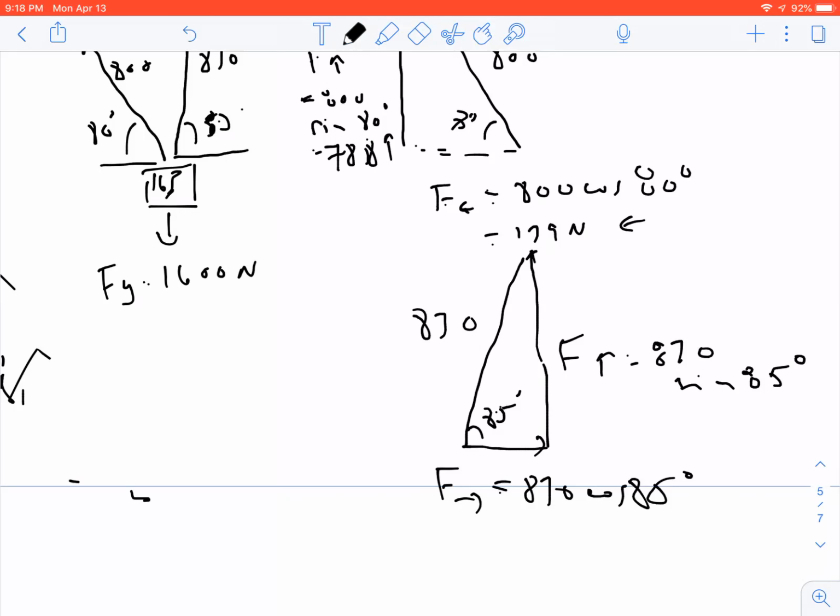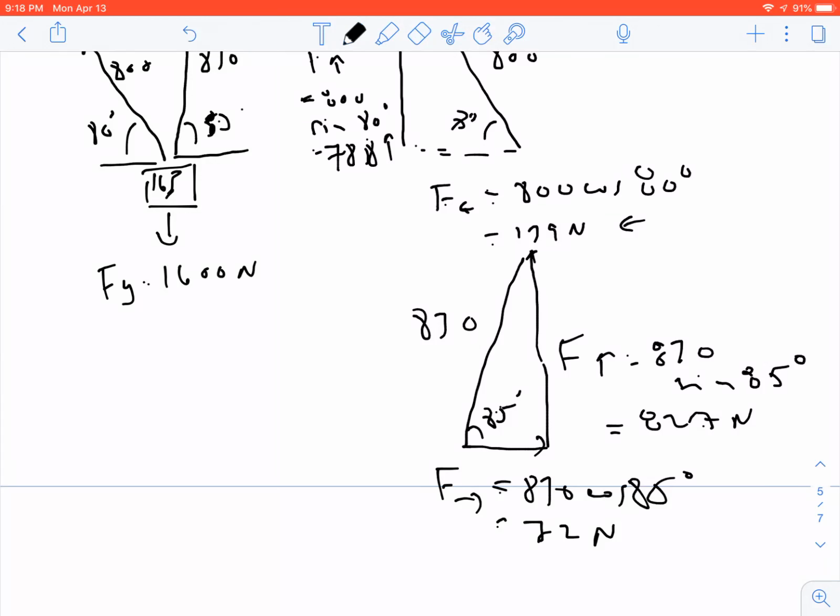Now, if I do my math, I get an up force of 827 newtons, and I get a right force of 72 newtons. So, if I look now at what I have left over, erase some of the junk I've got going on here.